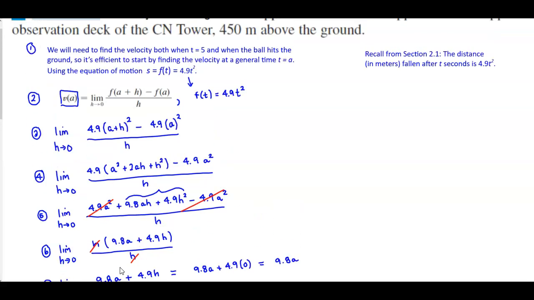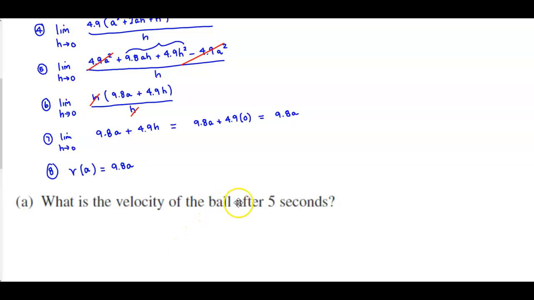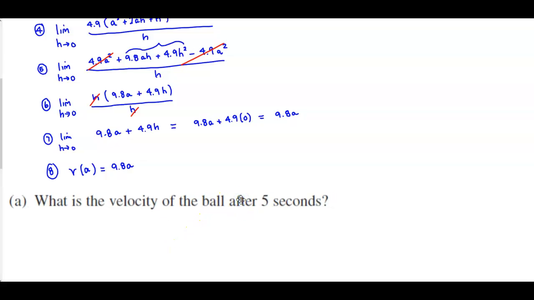So now we want to answer the following questions. It's saying, what is the velocity of the ball after 5 seconds? So that means that when t is equal to 5, then what is the velocity? So we just need to plug in v of t, or in this case, v of 5, and that's 9.8 times 5.